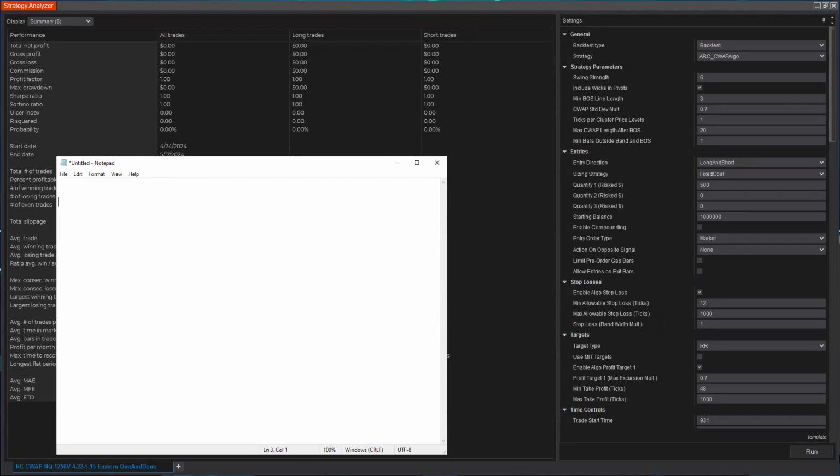Everything here is in Eastern time. If you're not in Eastern time, what you need to do is change the timing of the settings. If you're in Central time, then you subtract an hour, okay? And so on. You can use volume charts, you can use time charts, whatever you like to use. It's whatever you want to do.